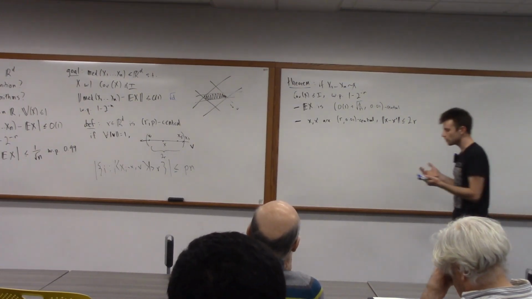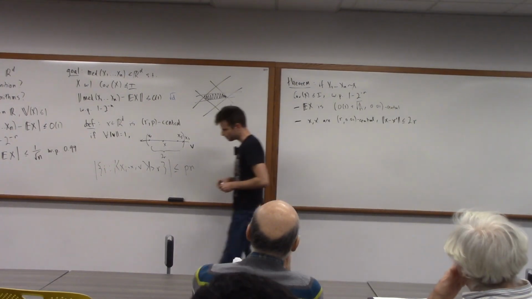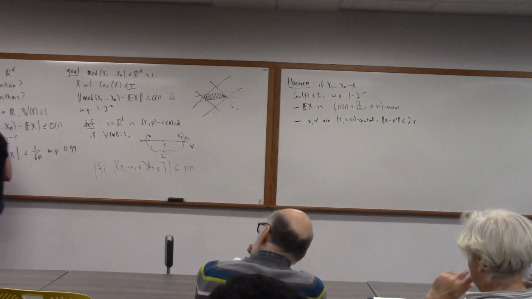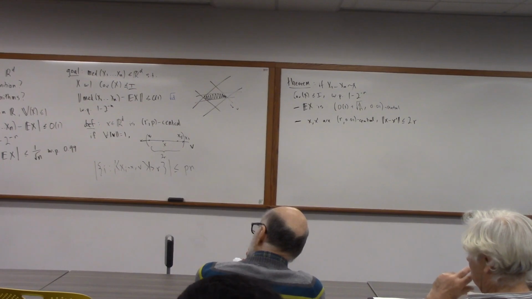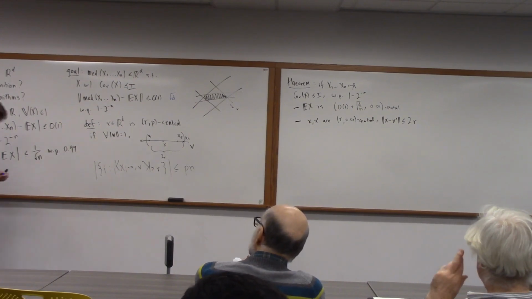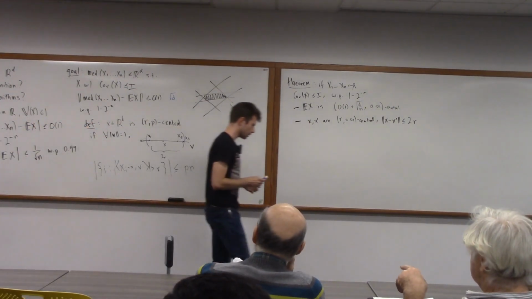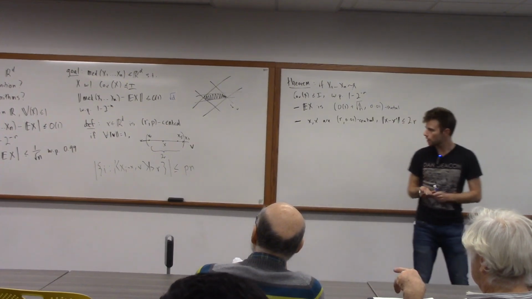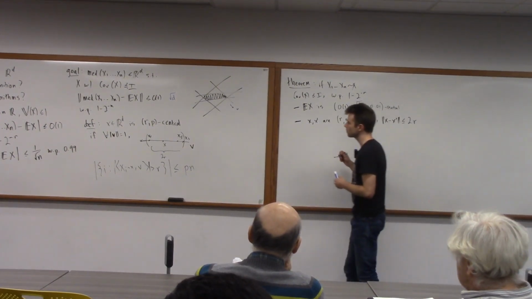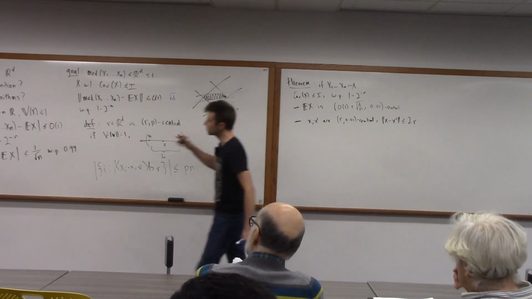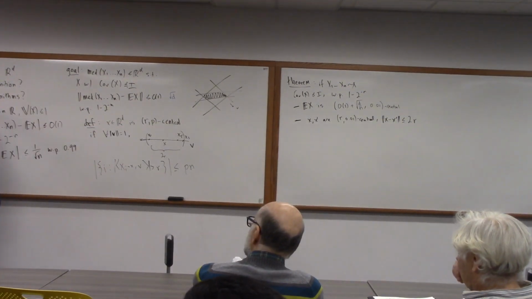Okay, so let's do algorithms. Not at all clear how you would compute an RP central point, but here is a theorem that I don't think anyone has ever properly written down a proof of, but it's basically implicit in these two papers.